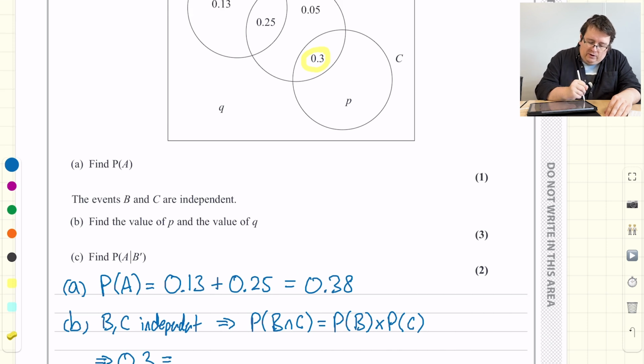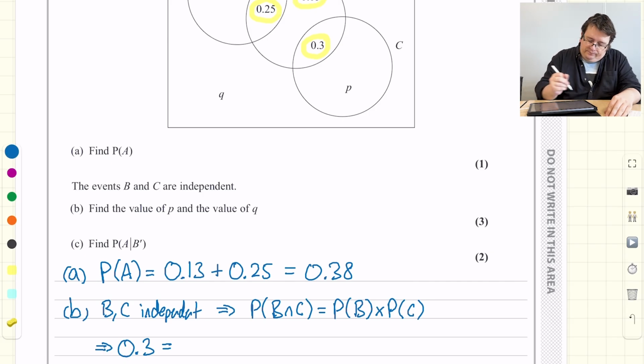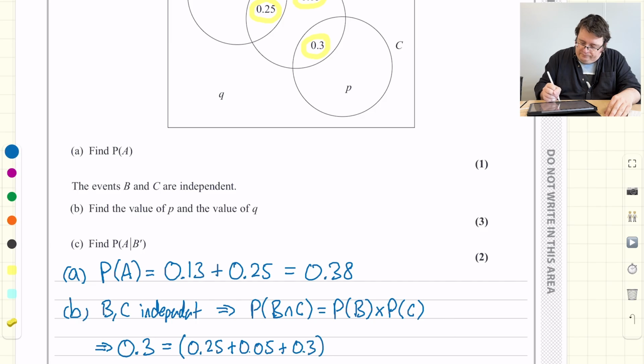The probability of B will be 0.25 plus 0.05 plus the 0.3. And the probability of C is P and the 0.3. So P plus 0.3.